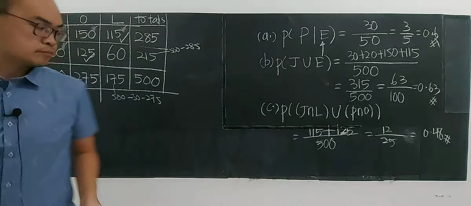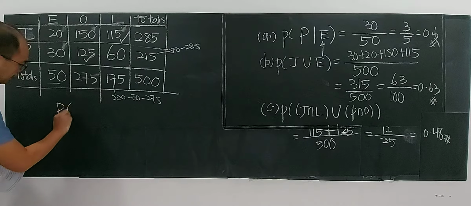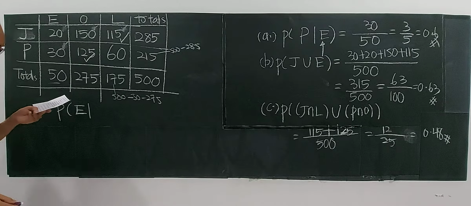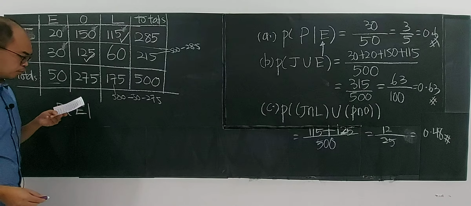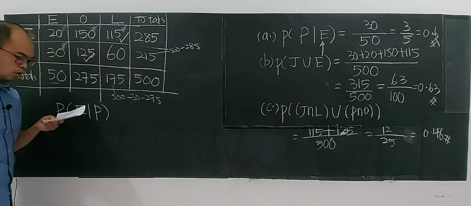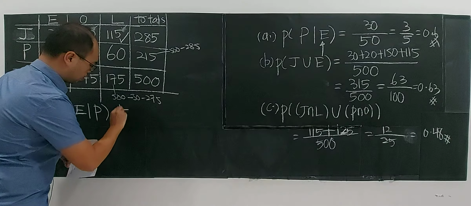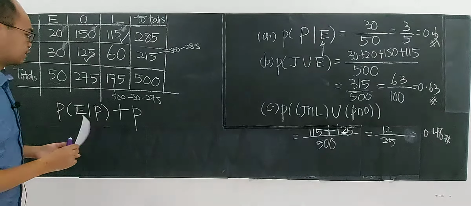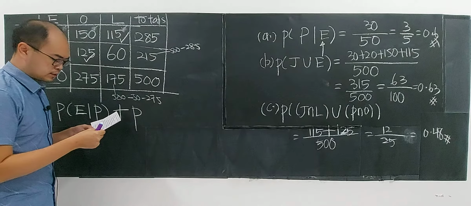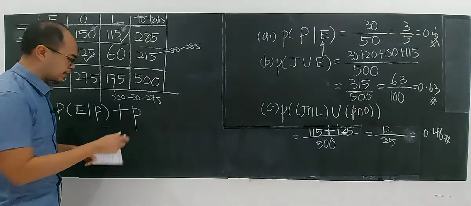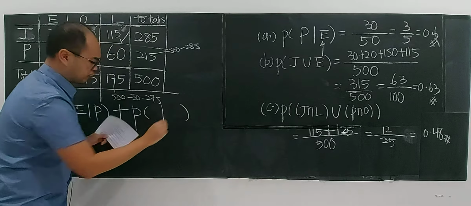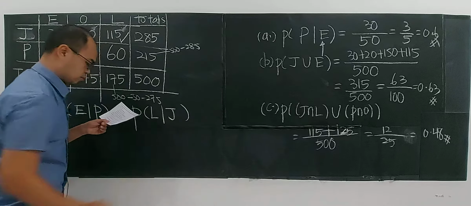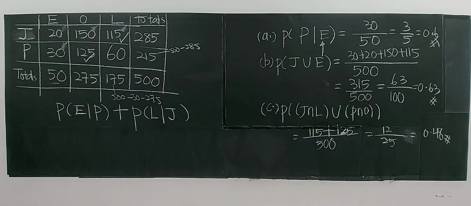Arrive early and the bus is, given that the bus is from Pulau Pinang, right? Or, we add, because these two are mutually exclusive events. All right, we can do it. Because it's given that the bus is from Johor Bahru, it's late and the bus is from Johor Bahru.